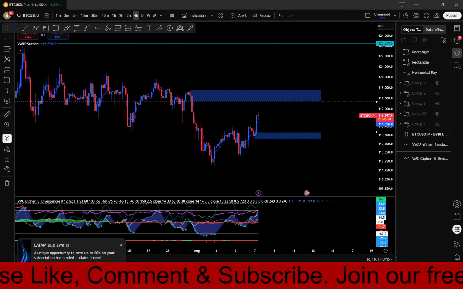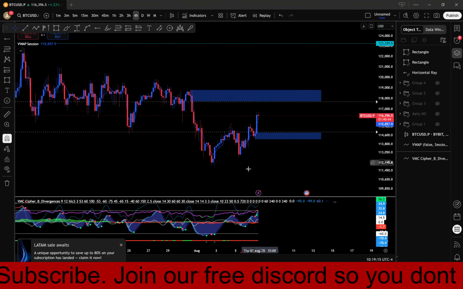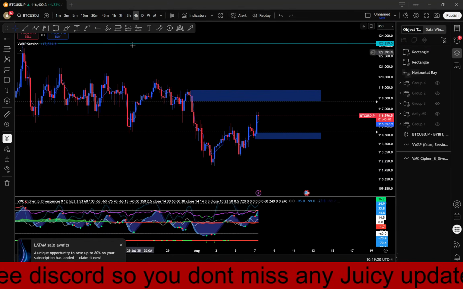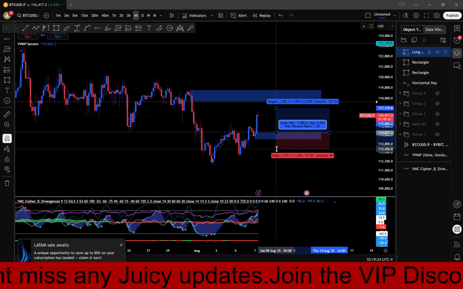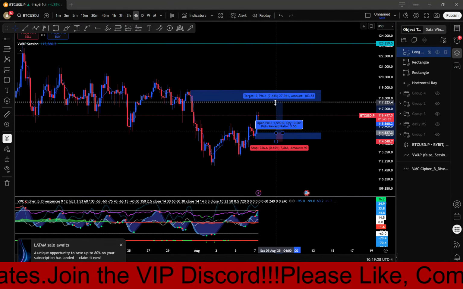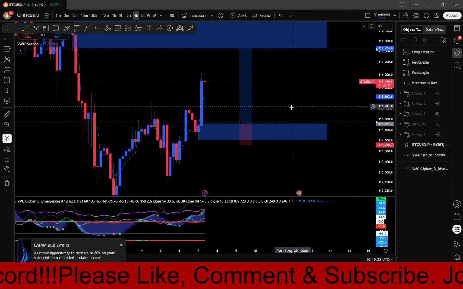Right. So basically that's what I'm looking at in terms of the long trade. This will be TP1 obviously.